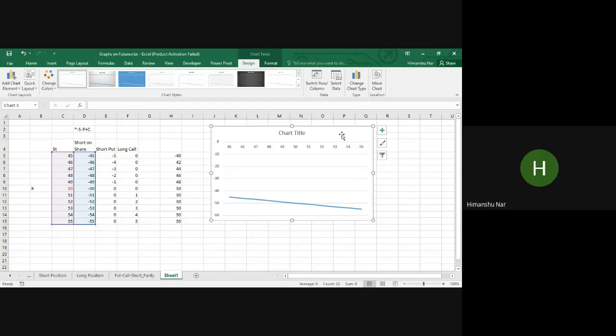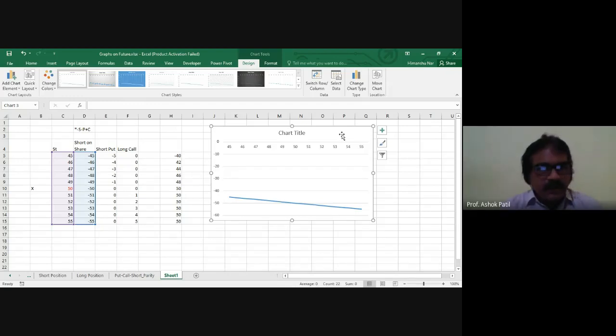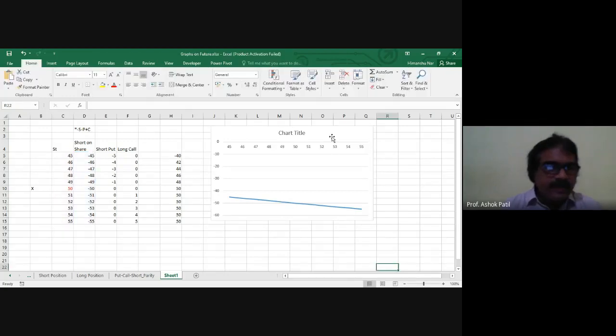You will be either paying minus 45, or if the underlying price is 52, the value will be minus 52. That is what the line is telling. Is this clear? This is the value of your short share. You will be paying 45, or if the price goes to 50, you will be paying minus 50. Now go to the next one.